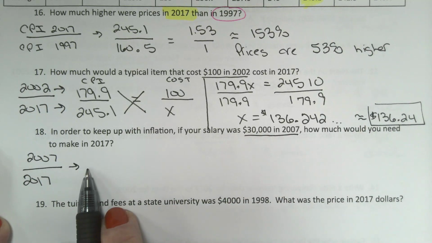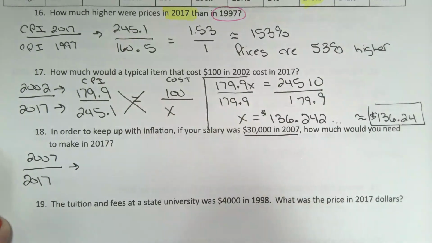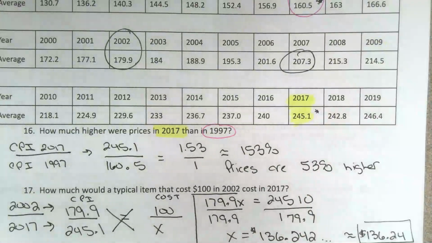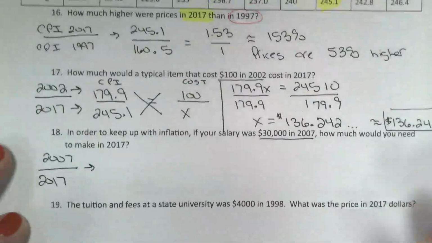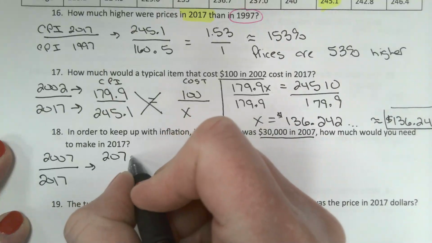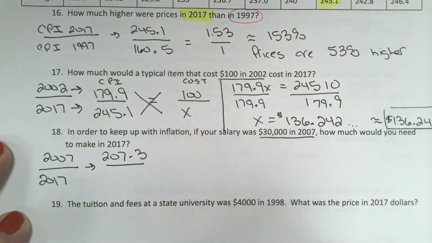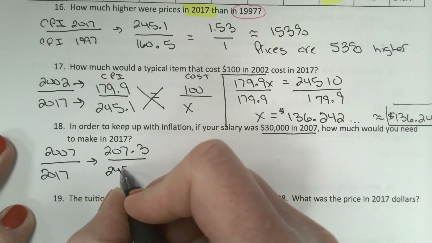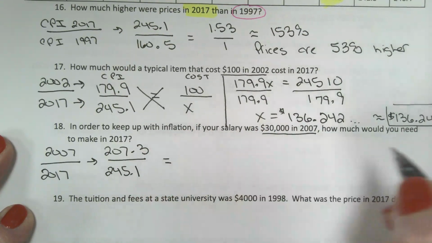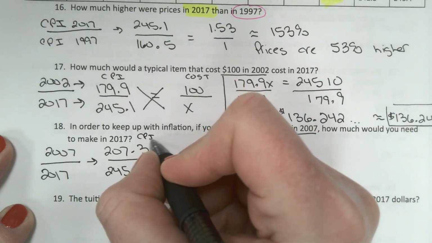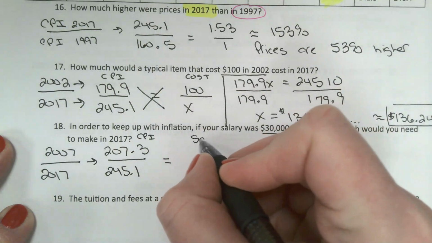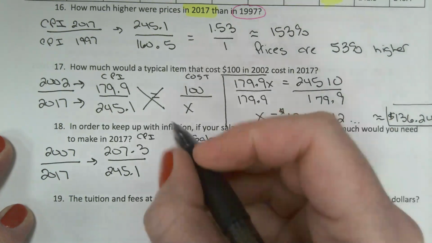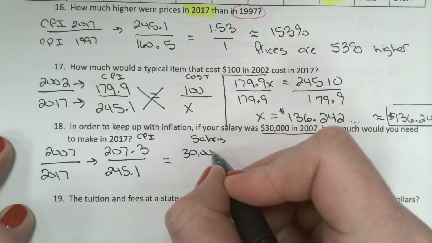My 2007 CPI is 207.3. My 2017 CPI is 245.1. So this is your CPI, and then what we set it equal to is your salary. Your salary is $30,000 here.